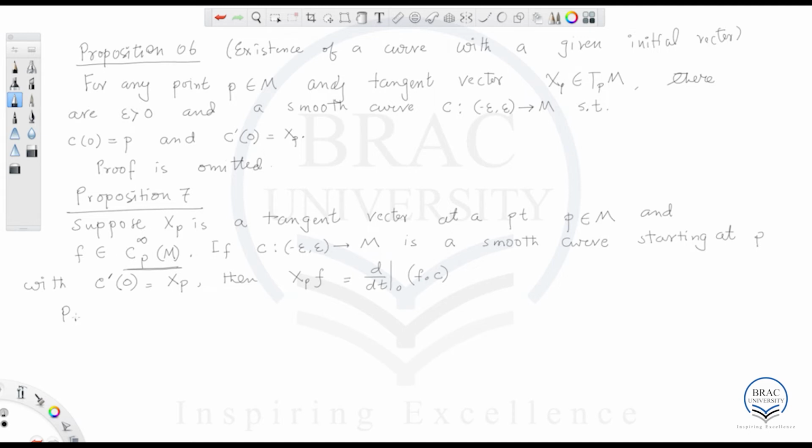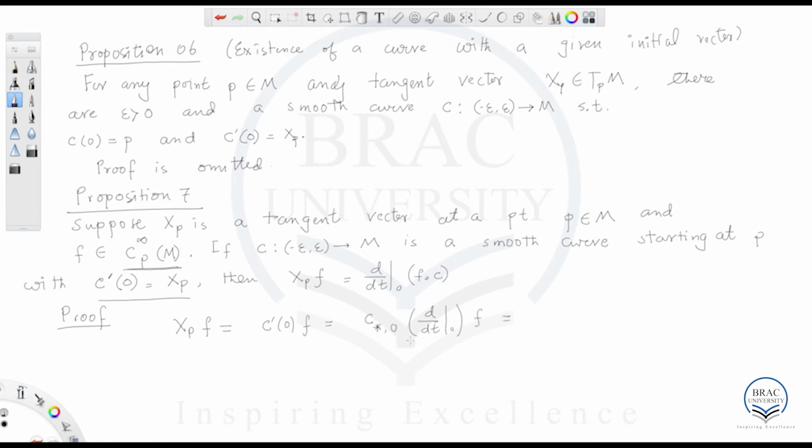Now here is the proof. Proof is very simple. x sub P acting on f is equal to c prime of 0 acting on f, since c prime of 0 is x sub P, and we know from the definition of velocity vector to a curve at a given time that this is nothing but c star 0 acting on the tangent vector d dt at 0, and that acts on f.